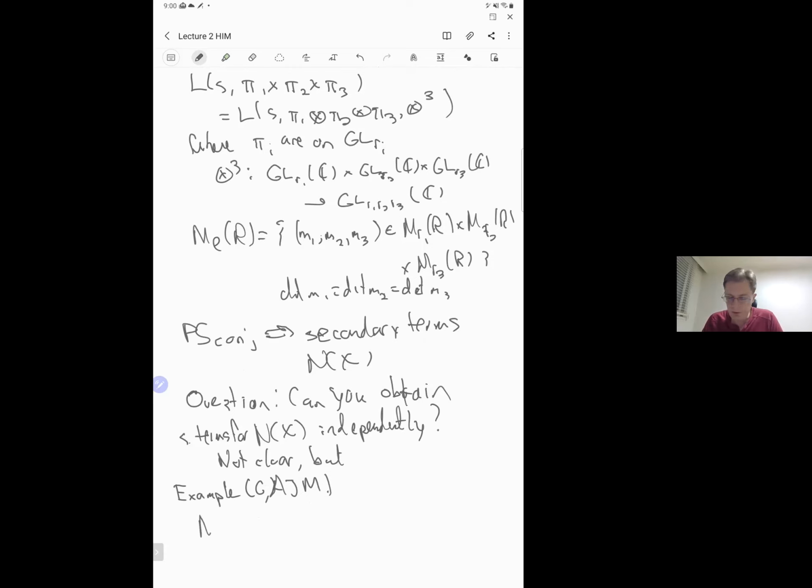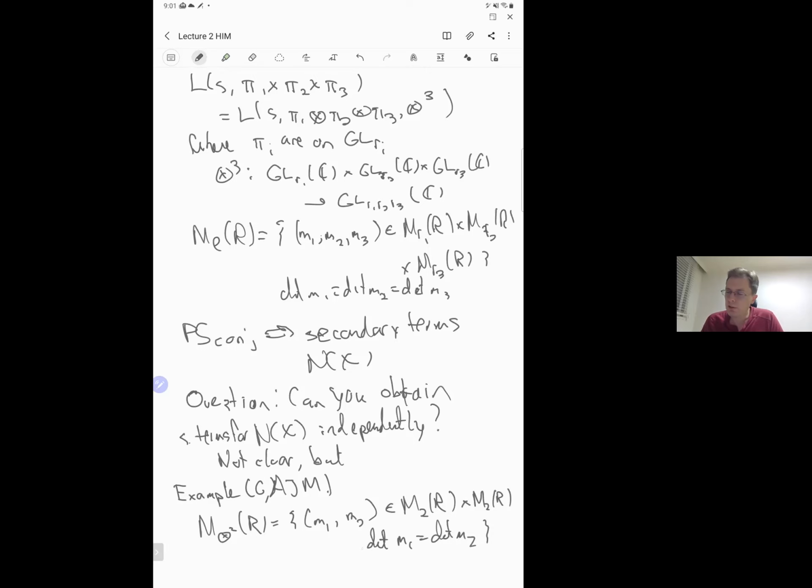This works if I look at the reductive monoid that's attached to the Rankin-Selberg product of two representations on GL2, where det M_1 equals det M_2.